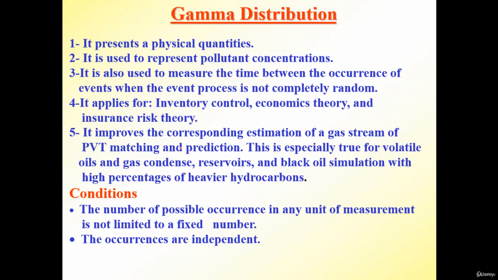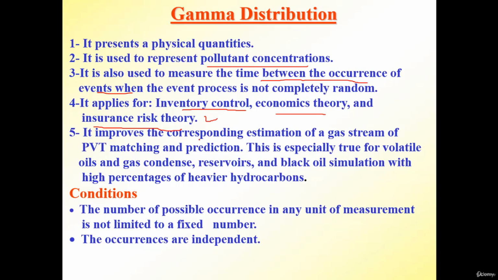Gamma distribution represents physical quantities like pollution concentrations, and it also measures the time between occurrences of events. It can be used also in inventory control, economic theory, and insurance risk, because you have the time of occurrence of events with insurance, so insurance can be modeled by the gamma distribution.